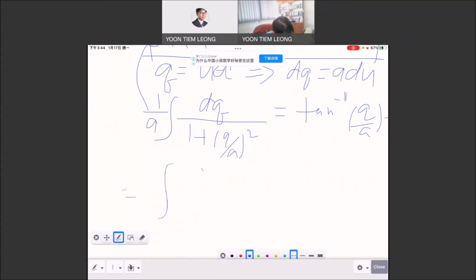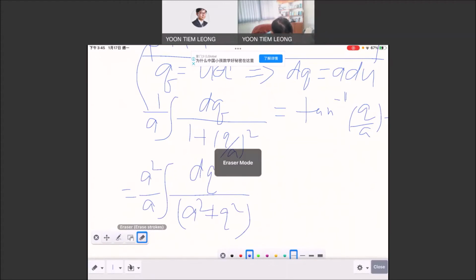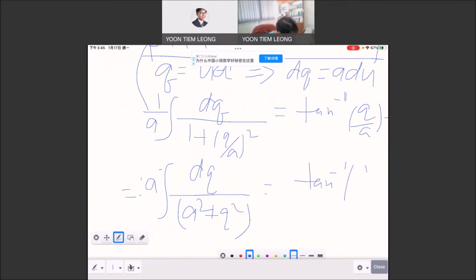This is just equal to dq, and then I'll just multiply the a to 1 here, so it is a squared plus q squared, then the whole thing divided by a squared, right? So it is divided by a squared, then it's a squared upstairs, there's an a downstairs. So when you cancel off, then there will be an a in the numerator. So it's a like that. So that is equal to arctangent of q over a plus a constant. So let me add the constants.